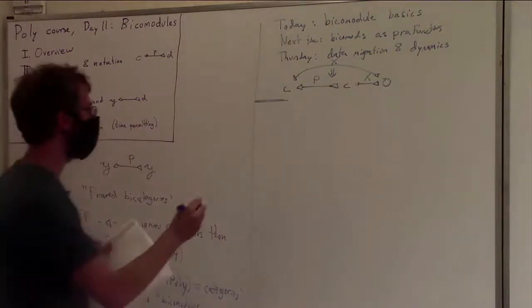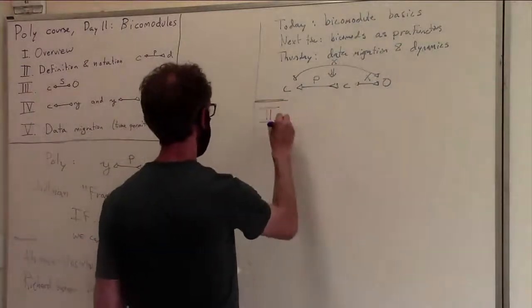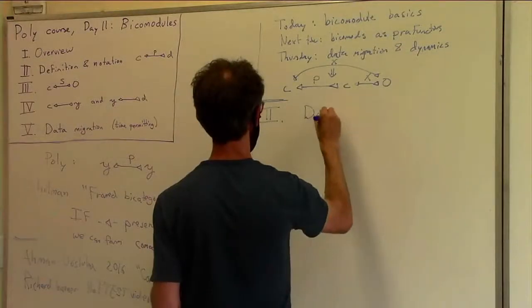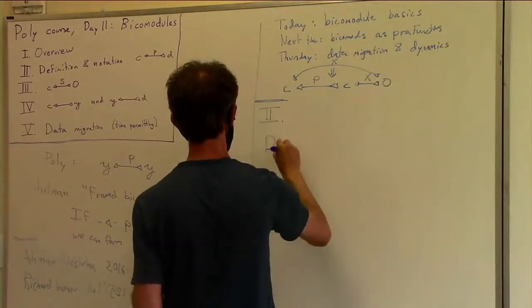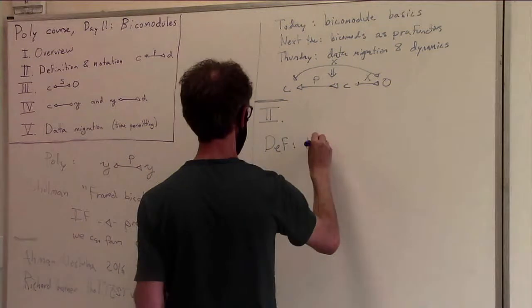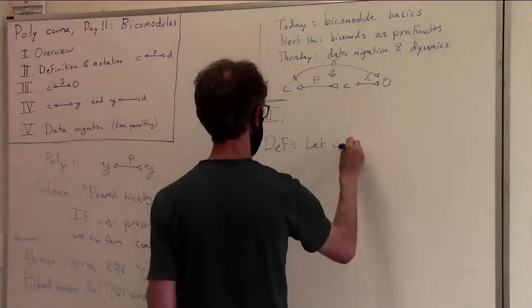So, definition. I'll just write it. Let C and D be comonoids in poly, or categories.